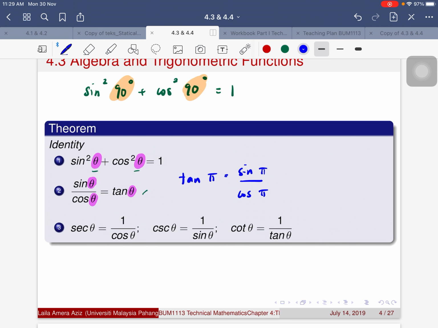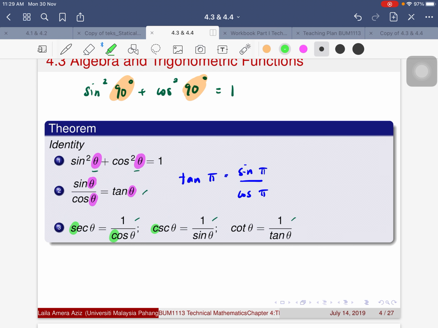And then this is the property of the trigonometric functions: secant is 1 over cos, cosecant is 1 over sine, and cotangent is 1 over tangent. I have my way of remembering this. It's going to be opposite. Cotangent is 1 over tangent, which is kind of obvious. But secant is 1 over cos. It's not 1 over sine, it's 1 over cos.